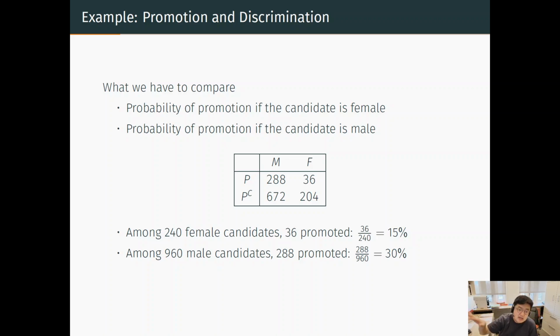You look at the gender first and then choose among male first and then check promotion results. The promotion result is unknown when you randomly choose. So understanding what the experiment is, is important here. They are just different experiments from unconditional probability.